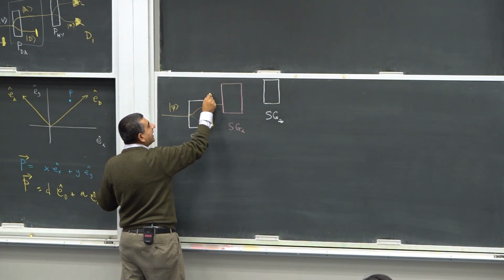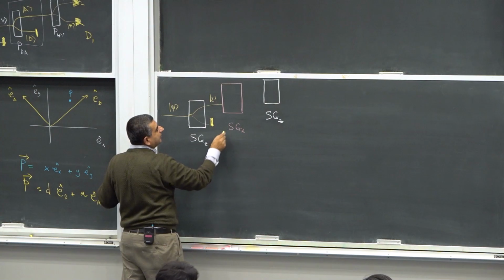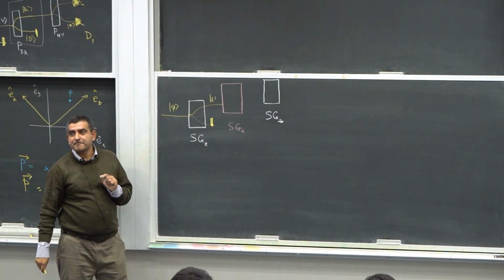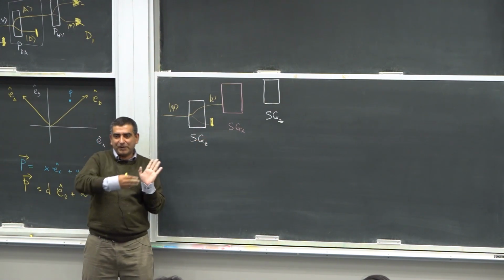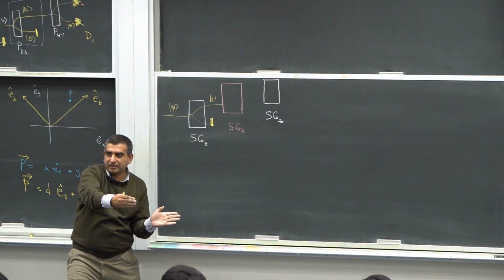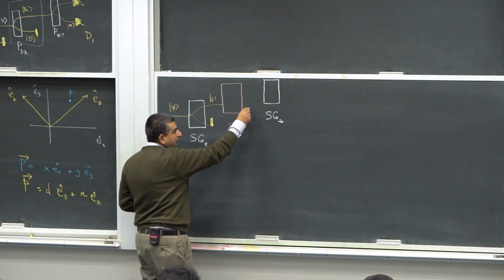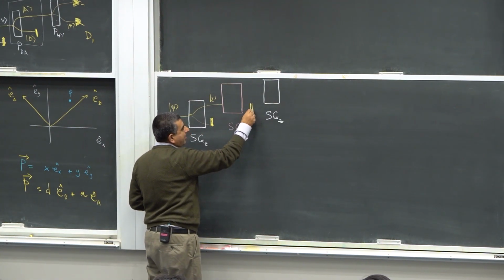So I know that I have created ket z here, but now this ket z input is fed into an oriented Stern-Gerlach apparatus. I also place a block here, by the way.